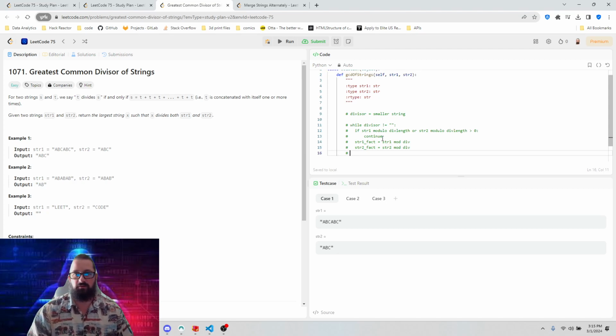Now we're going to check if the multiplied div equals the full string.